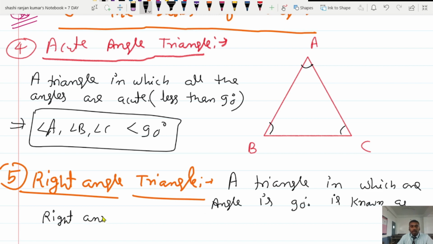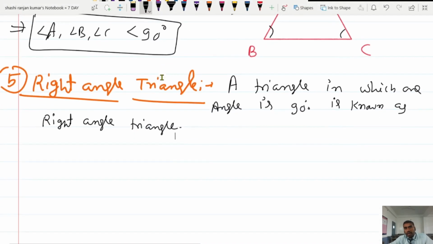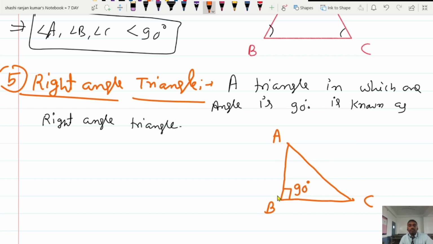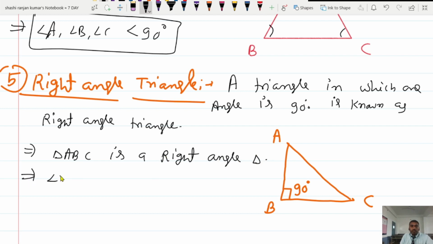We can make a diagram of a right angle triangle. Let us suppose this is the right angle triangle. This is the point A, this is B and this is C. This is the angle we have taken as 90 degrees. So triangle ABC is a right angle triangle, and one angle will be 90 degrees.